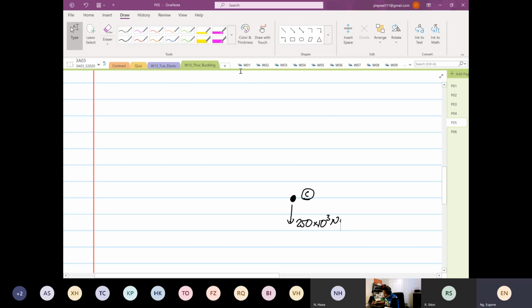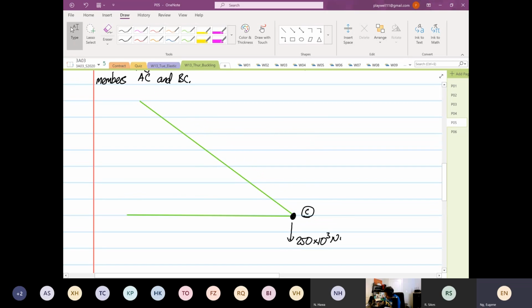Then I'm going to draw my neutral axis. So the green is the neutral axis. So this neutral axis, the one that's in a gradient, is for member AC, and the other one is for member BC. Okay.